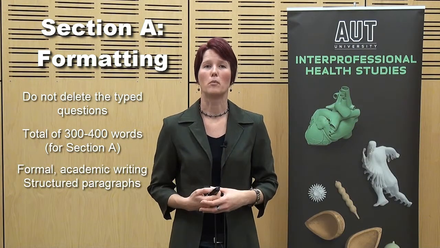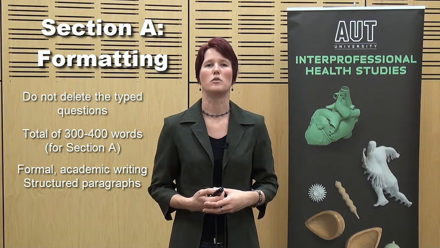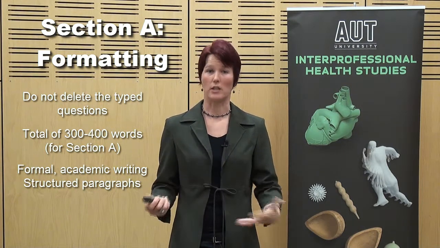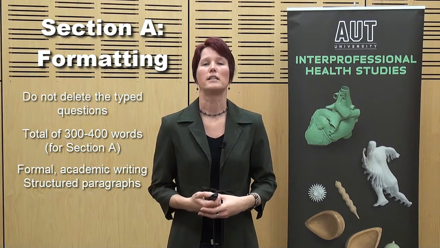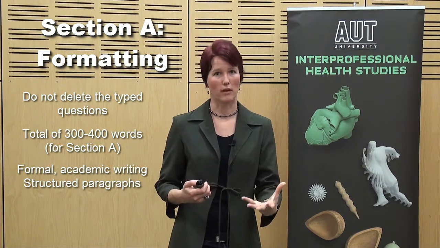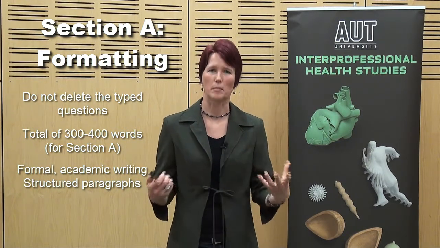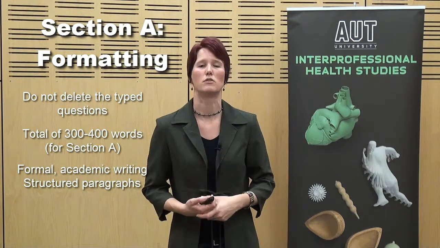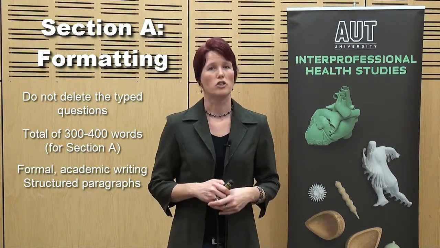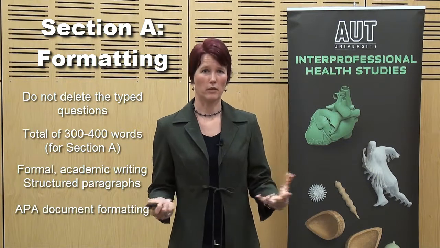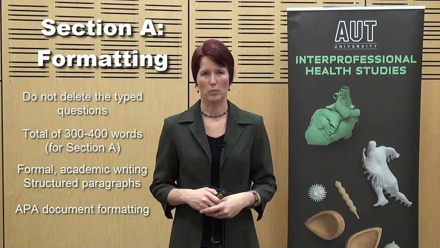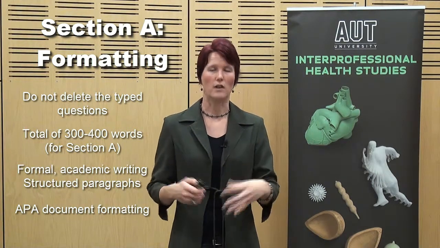You need to use formal academic writing, so you need to use formal English, you need to define your terms. We'd like to see your paragraphs have appropriate paragraph structure with topic sentences and examples, as we've been discussing in the lectures and tutorials. Your document should be formatted with APA document formatting following the guidelines in your paper booklet. So you need to use a particular font, particular size of font.